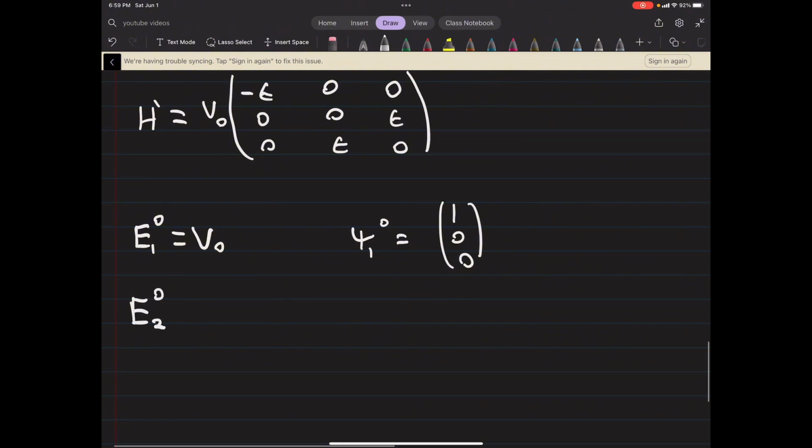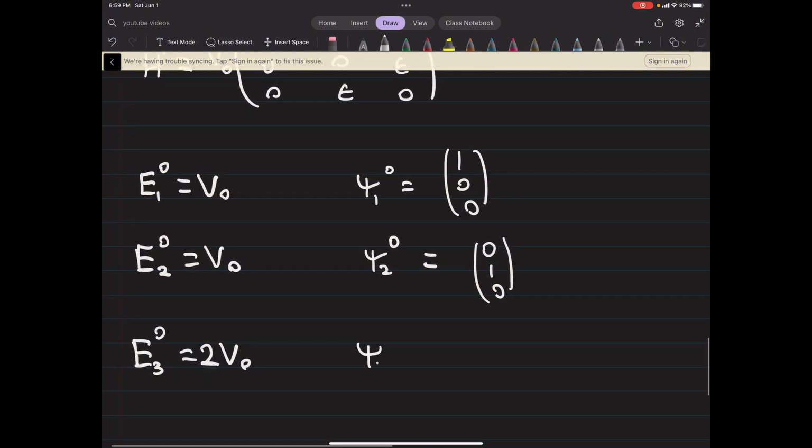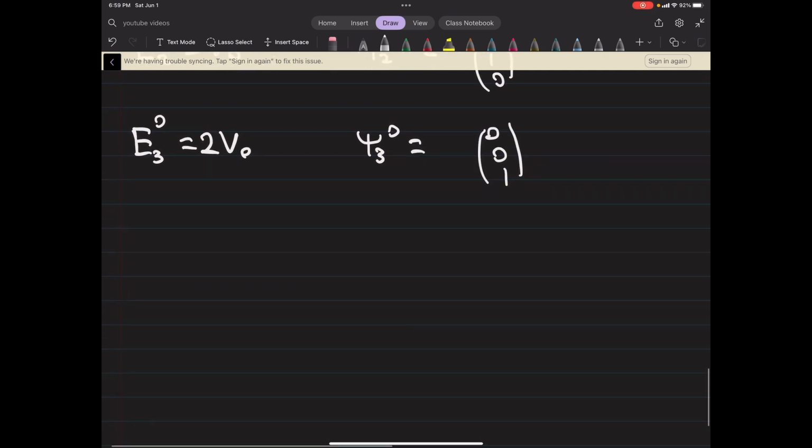The second one equals v naught as well, and we got the different state over here, 0, 1, 0. And once again with the third one, that was 2v naught. So I'm just moving this information down here and rewriting it in variables that is in agreement with the book.